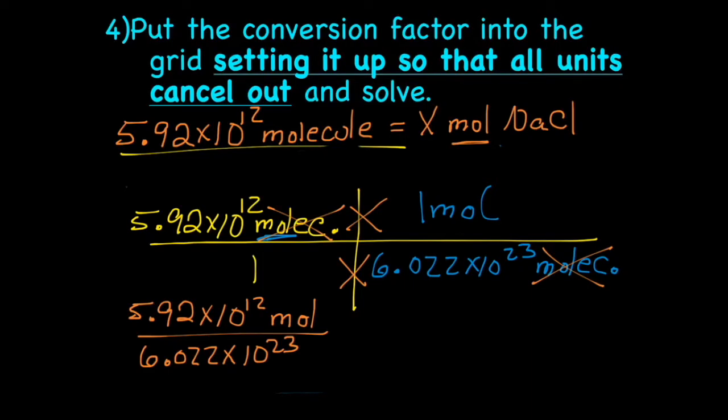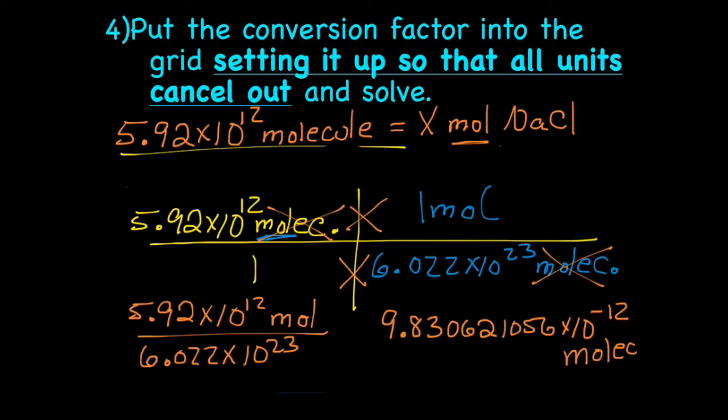And when I put that in my calculator, I got 9.83062156 times 10 to the negative 12th. And I'm out of room, but we need to put in our units, molecules. Please double check and make sure I got that right.